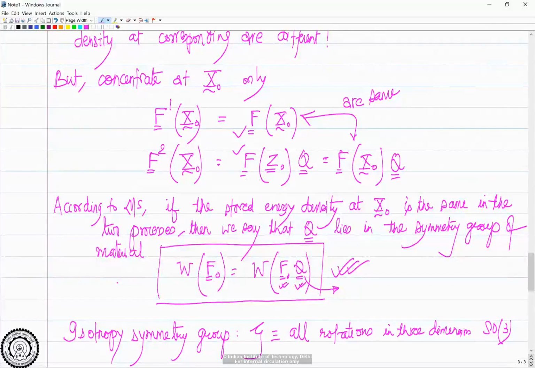Then only it can be the same at all the points, which is possible if your big F is constant. If big F is constant, then F of x naught will be equal to F of z naught, right? So if you apply uniform deformation to a body, then only you can make the energy stored same at all the points, provided Q is of course in the symmetry group.